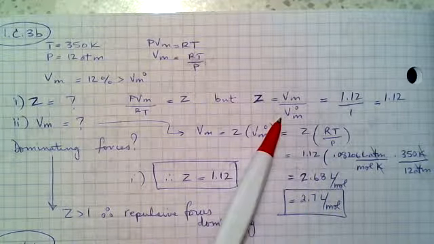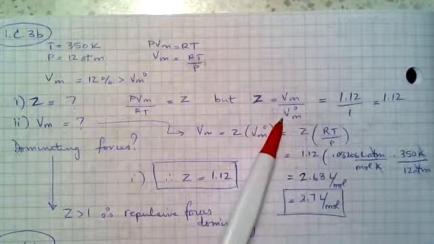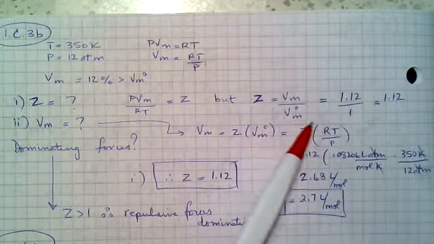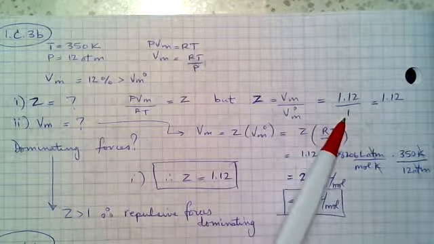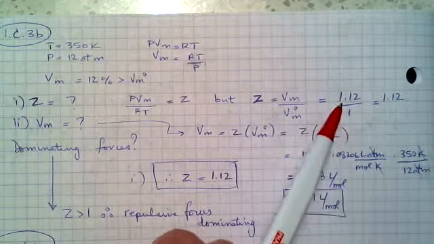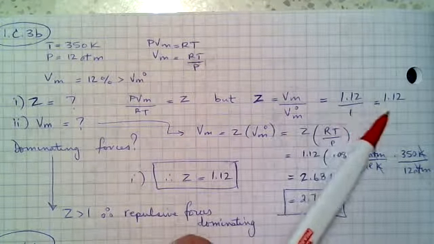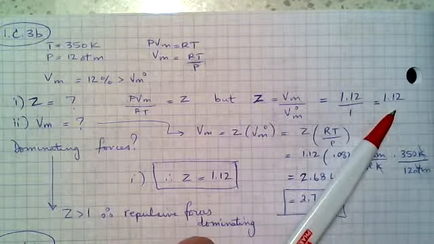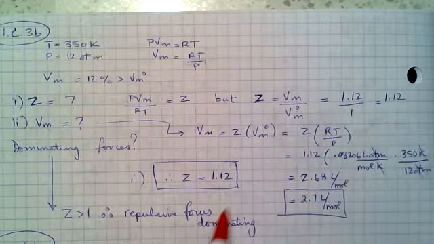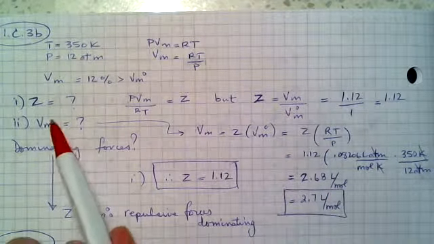So let's make the perfect gas predicted molar volume 1, and 12% greater would be 1.12 times that. So my compression factor is 1.12. That's my answer for that one.